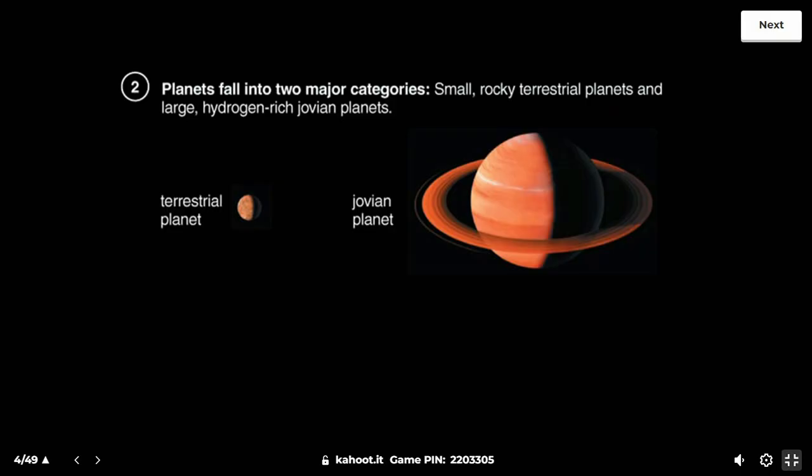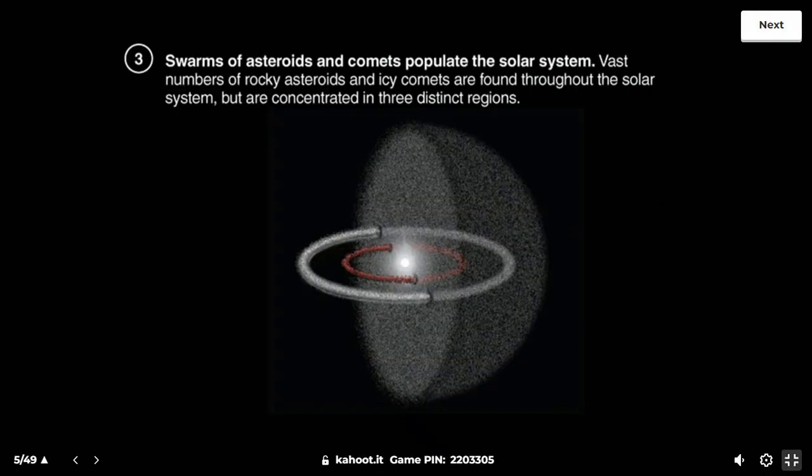The planets fall into two main categories. There are the terrestrial planets, which are small rocky planets, and then there's the Jovian planets, which are the large gas giants. There are also smaller objects that aren't planets that populate different areas in the solar system. So this red ring is the asteroid belt that's in between the orbits of Mars and Jupiter.